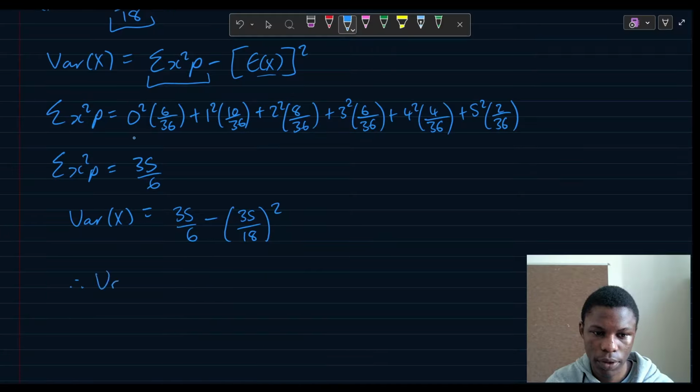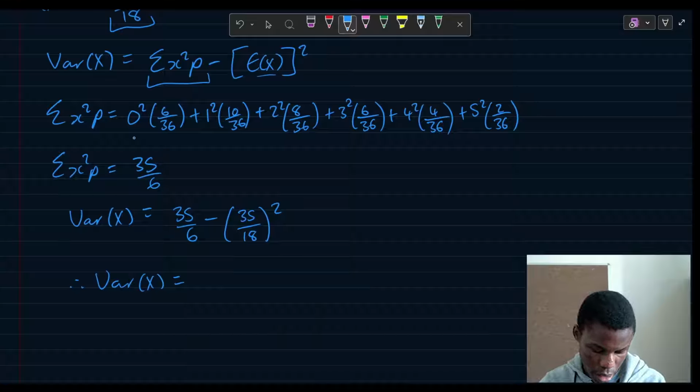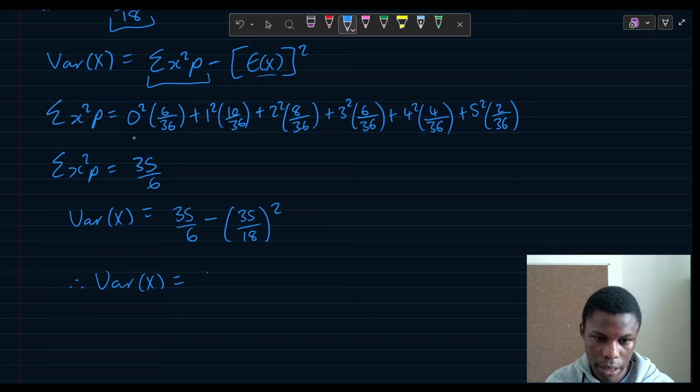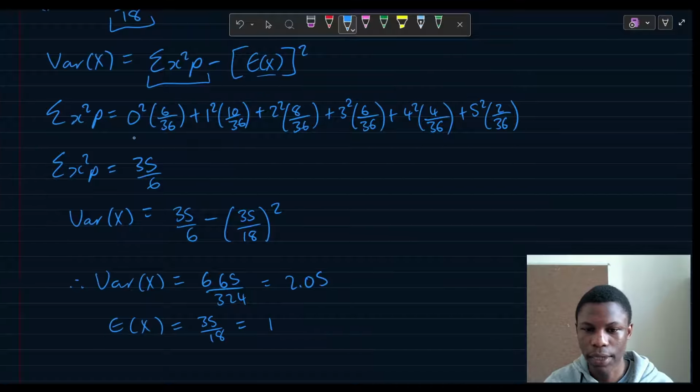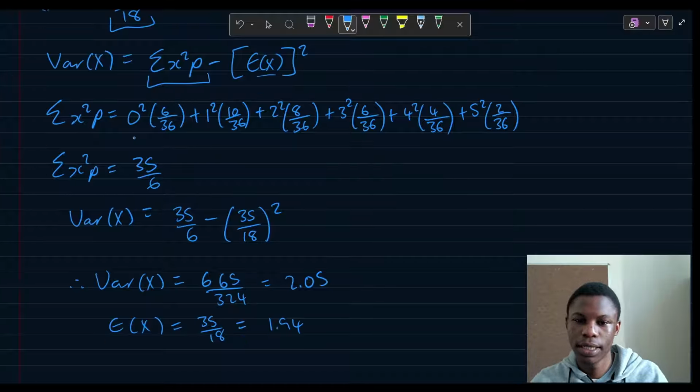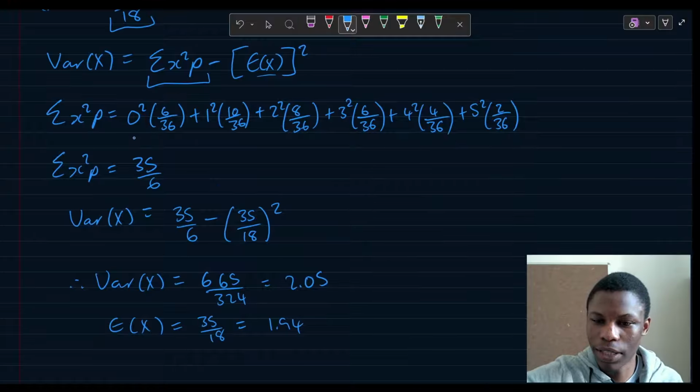So therefore, our variance is 35 over 6 minus the 35 over 18 squared, and that is 665 over 324, which is 2.05. And our expectation of x, we said that was 35 over 18, which is 1.94 to 3 significant figures. Right, so that is our final answer.